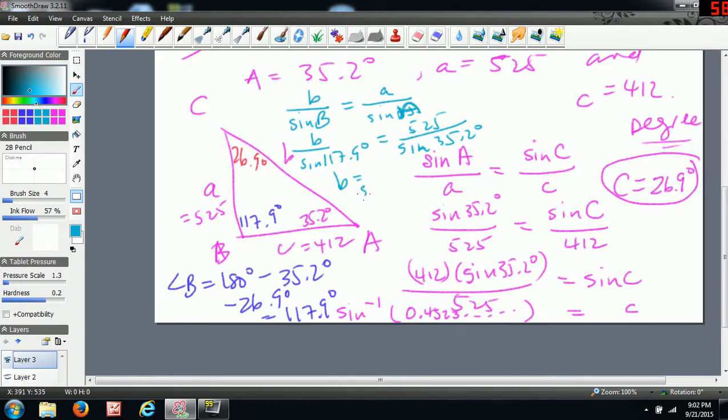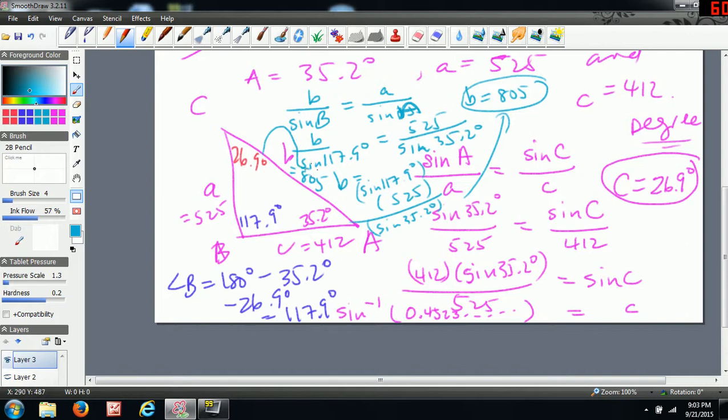So B is equal to sine of 117.9 degrees times 525 divided by sine of 35.2 degrees. And remember, put these in brackets on your calculator. It's getting really messy. So little b is equal to 805. That's your final answer for side B. So B is equal to 805. We can put that in over here.